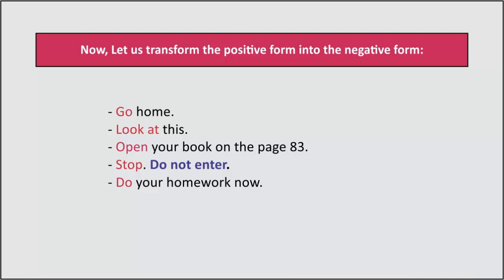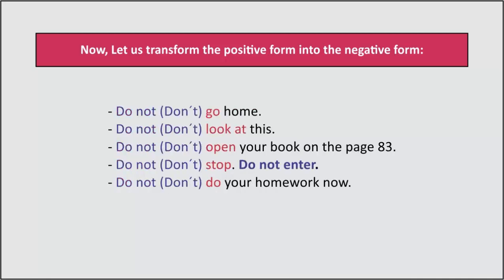Go home, look at this, open your book on the page 83, stop, do not enter. And in this example, stop, do not enter, try to transform the first sentence, stop, into negative form, but the second sentence, do not enter, try to transform it into positive form, okay? Have you done? Then let's go.